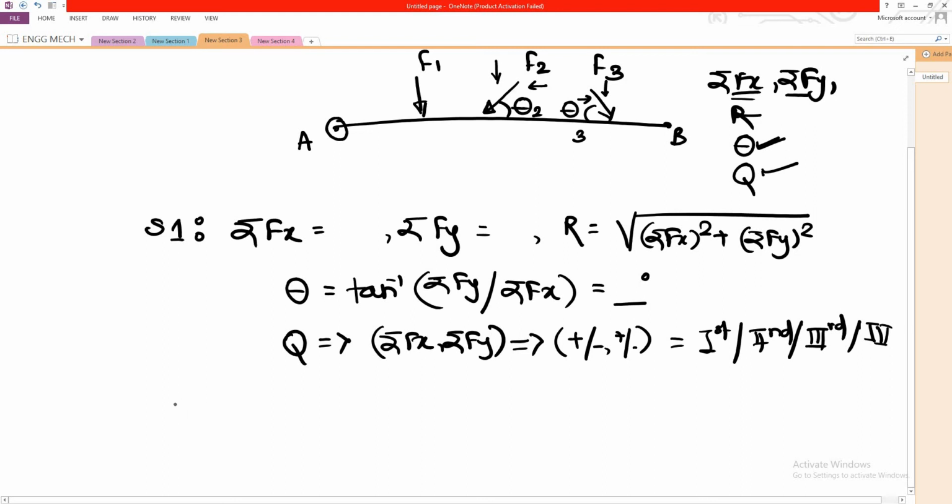Now step number 2 is again determination of total moment generated by this number of forces.